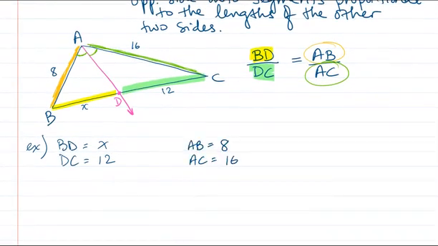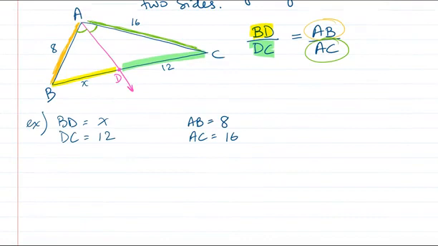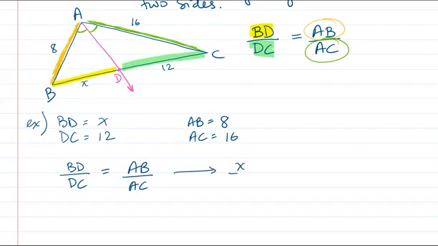If you use the setup that I provided up there, which is BD over DC equals AB over AC, and plug it in, X over 12 equals 8 over 16.